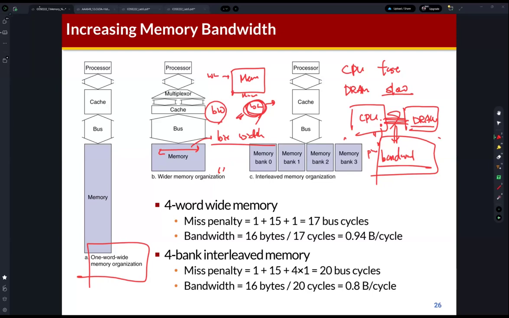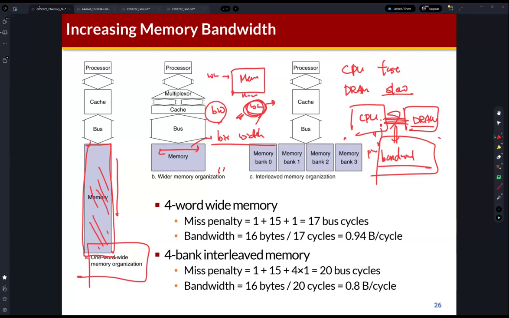But the problem is that our DRAM is also slow. So in order to read a certain amount of data, it will take a very long time, right? Because the DRAM is slow. So we want to read this amount of data, and in order to read it, it will take a very long time, right?